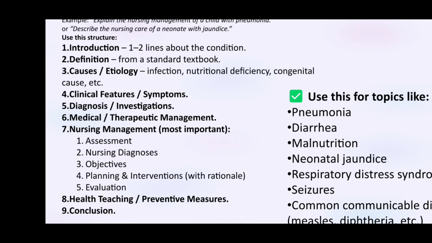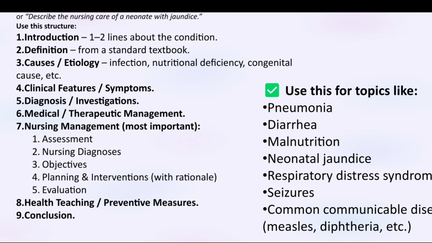Then you have to write a definition, causes, clinical features or symptoms, diagnosis, medical management, surgical management, nursing management. If surgical management is not there, there is no need to write it. Here we need to mention the care plan. After the care plan, we have to write health education and conclusion.